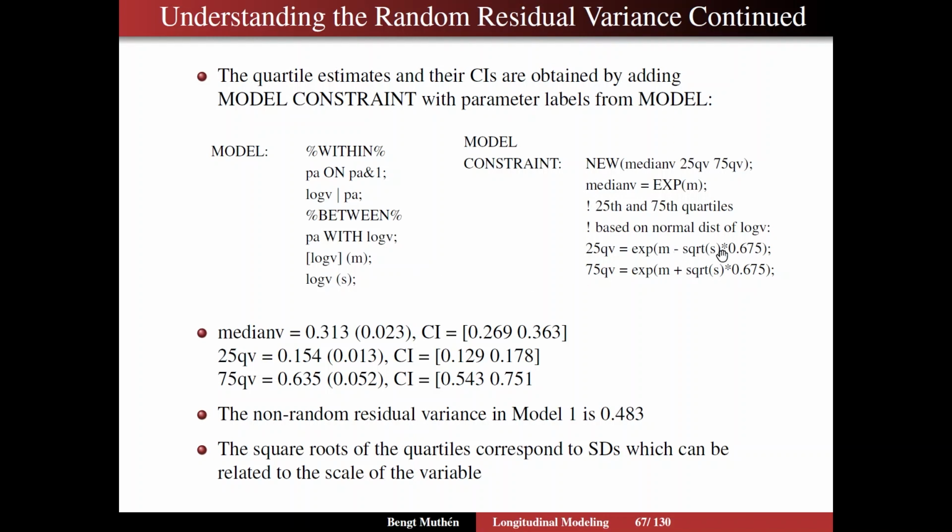In parentheses here is the normal, 1 standard deviation below the mean, 1 standard deviation above the mean, and when we exponentiate that, we get the quartiles for V, for the variance that we want.